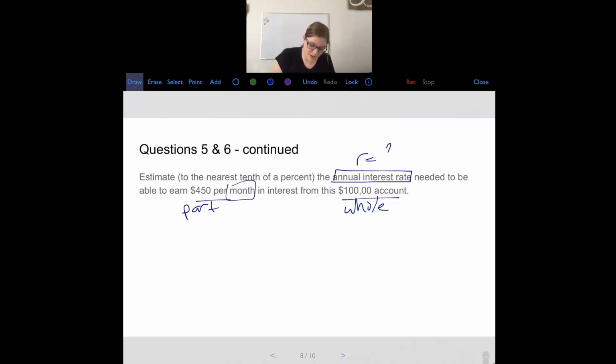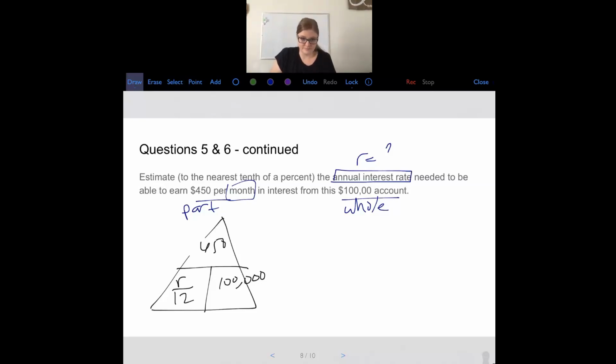So when we do our part percent whole triangle, there's another way to think of it. We have our part, which is 450, our whole, which is our 100,000, and in this case, what we want it to equal is our rate, our annual interest rate as a decimal, over 12.